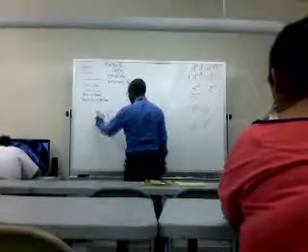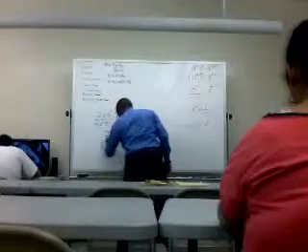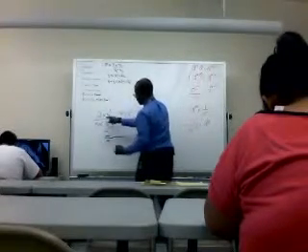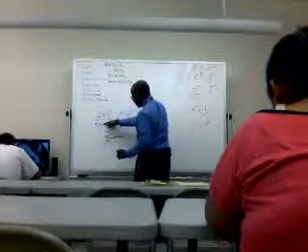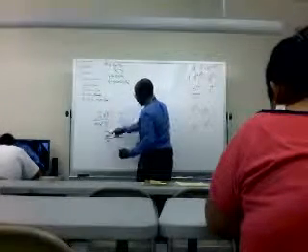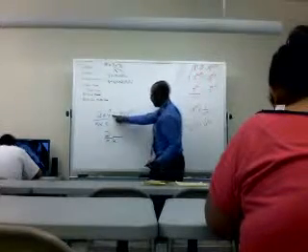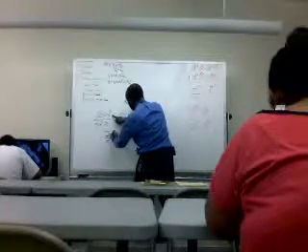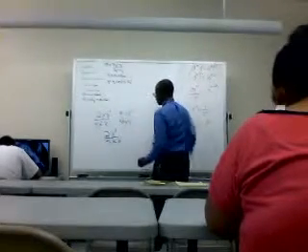So we know we're going to end up with 2 over 5. We're going to have x to the 1 minus 2, which gives us x to the negative 1. But we know x to the negative 1 can go down here in the denominator. The y doesn't have anybody to cancel with, so he's going to stay the same. And the z is going to stay the same. So I simplified that one as best I can.